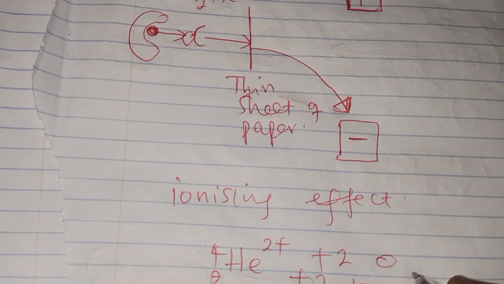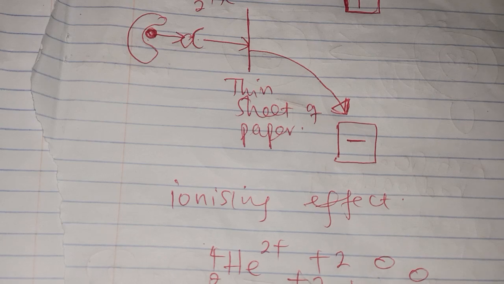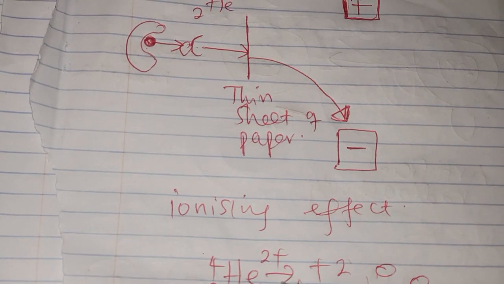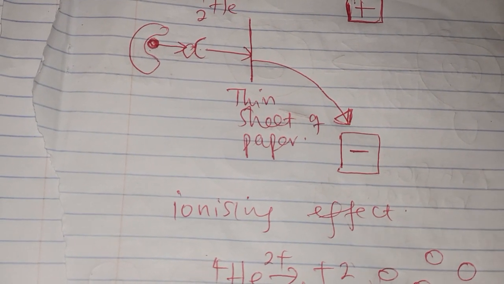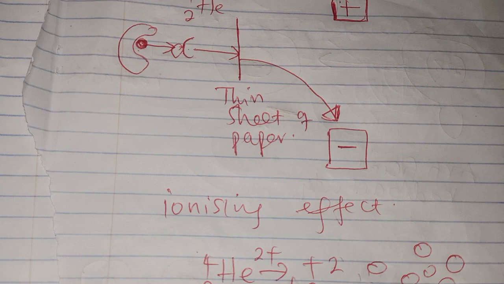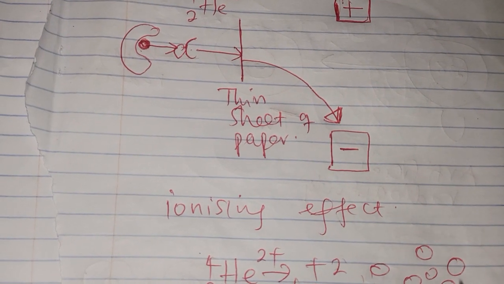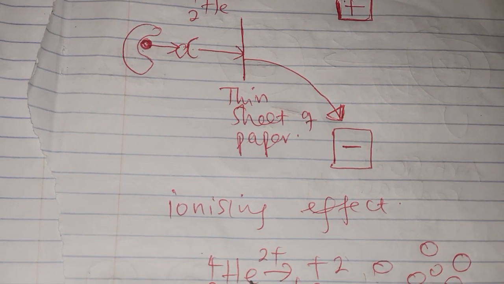So just imagine you are having these as your ions, and these ions are getting produced by the helium, or the alpha particle, and they find their way into the air. You can imagine the ionizing effect they are going to have on the particles in the air. All these particles get ionized because of these positive ions produced by this helium particle.